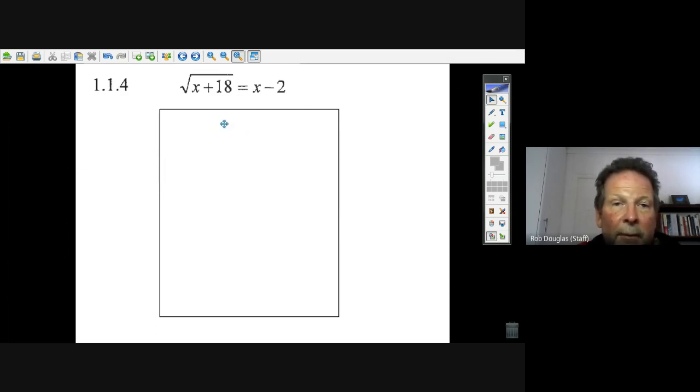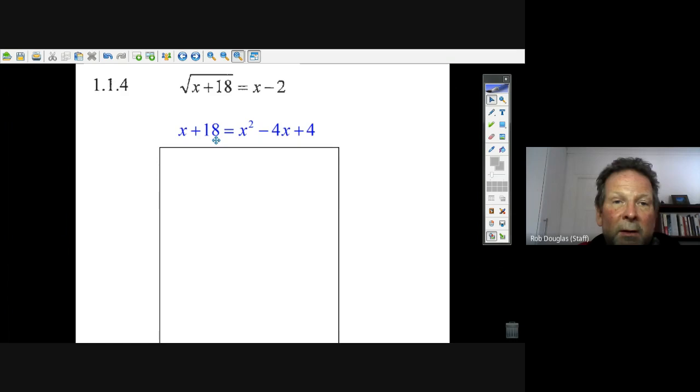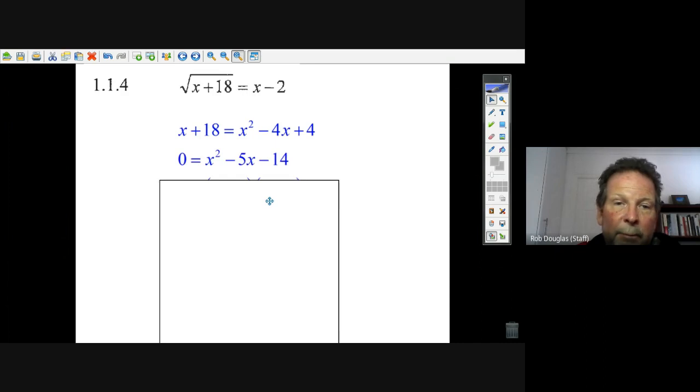The first step is to square it. So you do that. When you square a square root, it disappears. X minus 2 times x minus 2 gives you x squared minus 4x plus 4. Then put it in standard form. Subtract x, subtract 18, and you get x squared minus 5x minus 14.